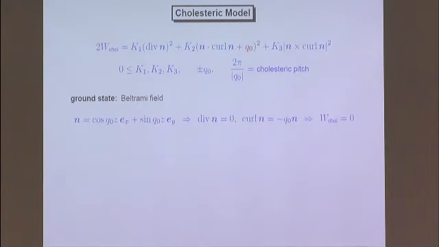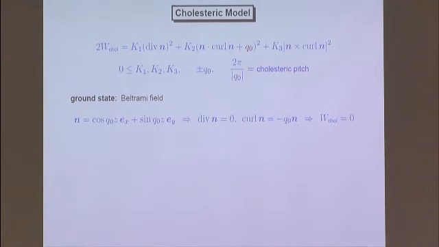This is essentially the spatial period over which this twisting ground state undergoes a full rotation of the director. Here, the state that gives you the least possible value of this energy density is no longer a constant uniform director field.